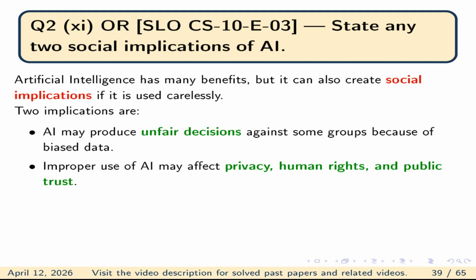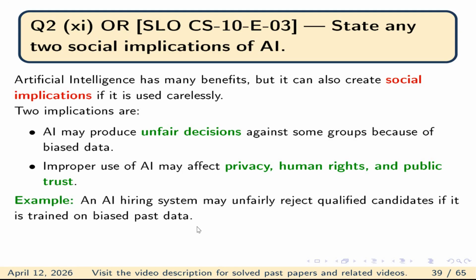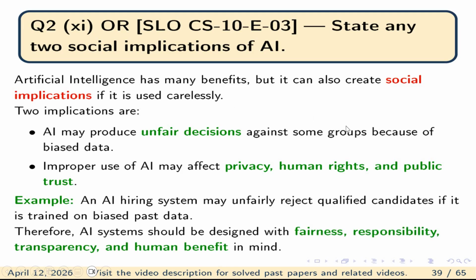Improper use of AI may affect privacy, human rights, and public trust. Example: an AI hiring system may unfairly reject qualified candidates if it is trained on biased past data. Therefore, AI systems should be designed with fairness, responsibility, transparency, and human benefits in mind.